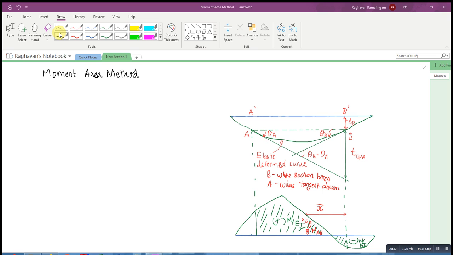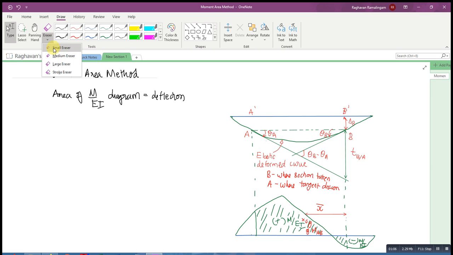In general, you would be remembering this method, and most of you might be thinking that this method says the area of the M by EI diagram is equal to the deflection. I'm sorry, it is equal to the slope, not the deflection.